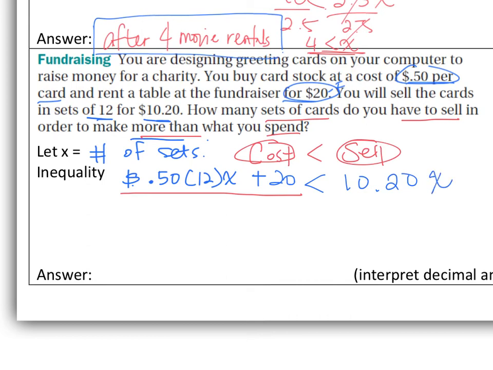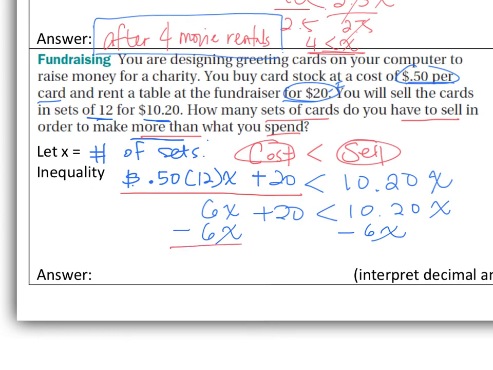So now we're going to solve this. 6x plus 20 less than 10.20x. And here we can subtract 6x to both sides. And 20 less than 4.2x.